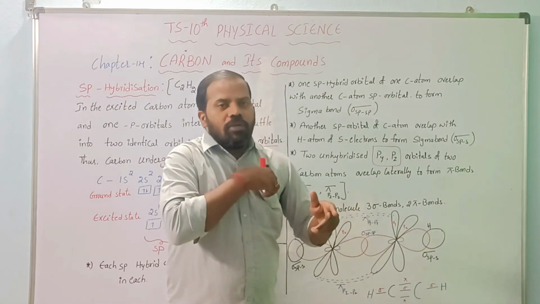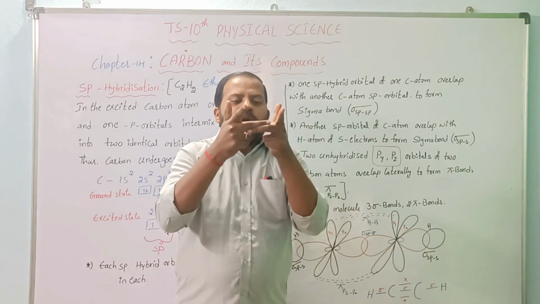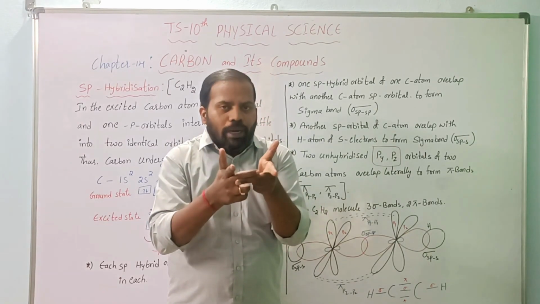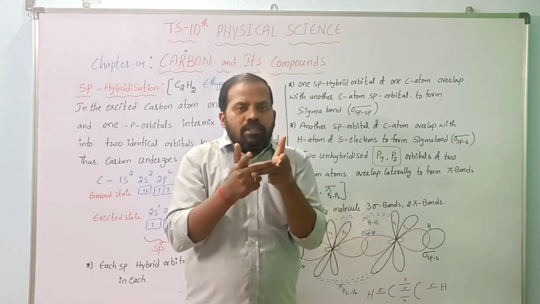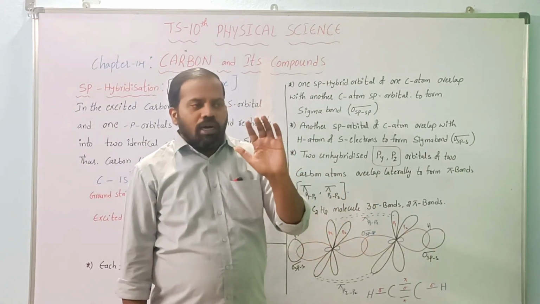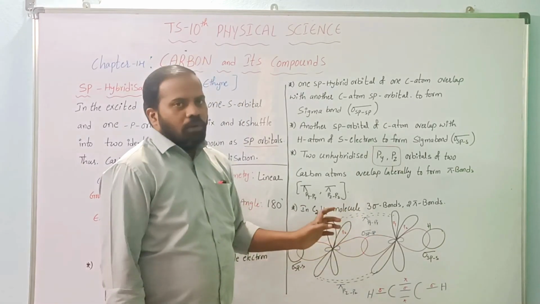There is no possibility of overlap along the internuclear axis again. Once a sigma bond is formed along the internuclear axis, only sidewise overlapping is possible. So between 2 similar or dissimilar atoms there is only 1 sigma bond; the second bond formations are only pi bonds.